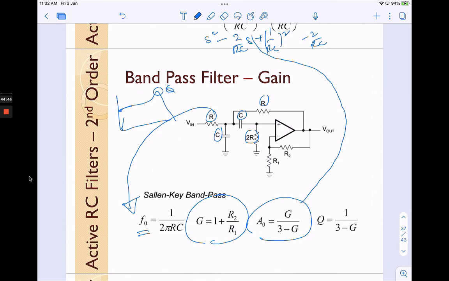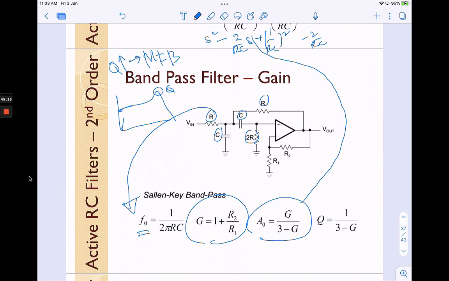But if you want a high value of Q using a second order filter with a single op amp, you can use the multiple feedback topology. That one can give a Q higher than the Sallen-Key configuration, but it is out of scope of our discussion.